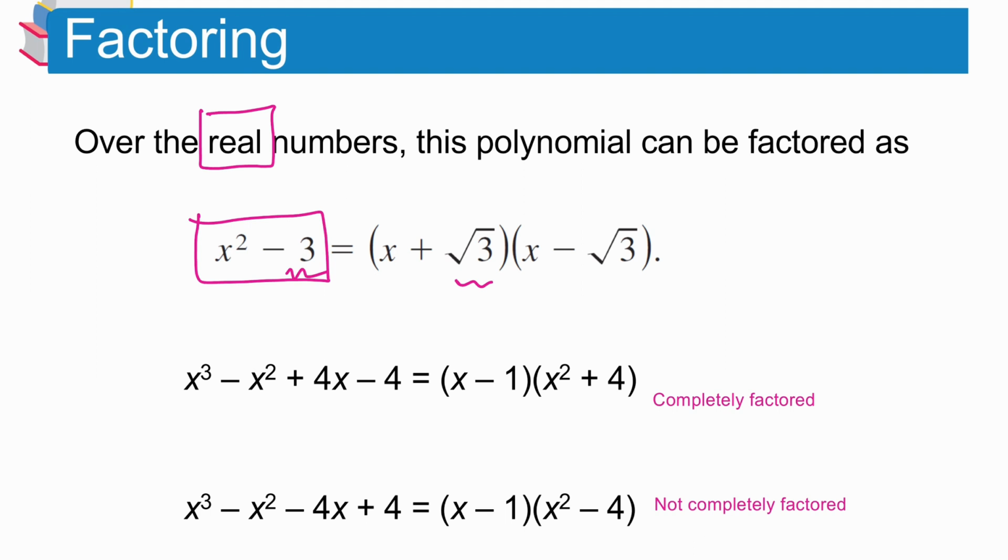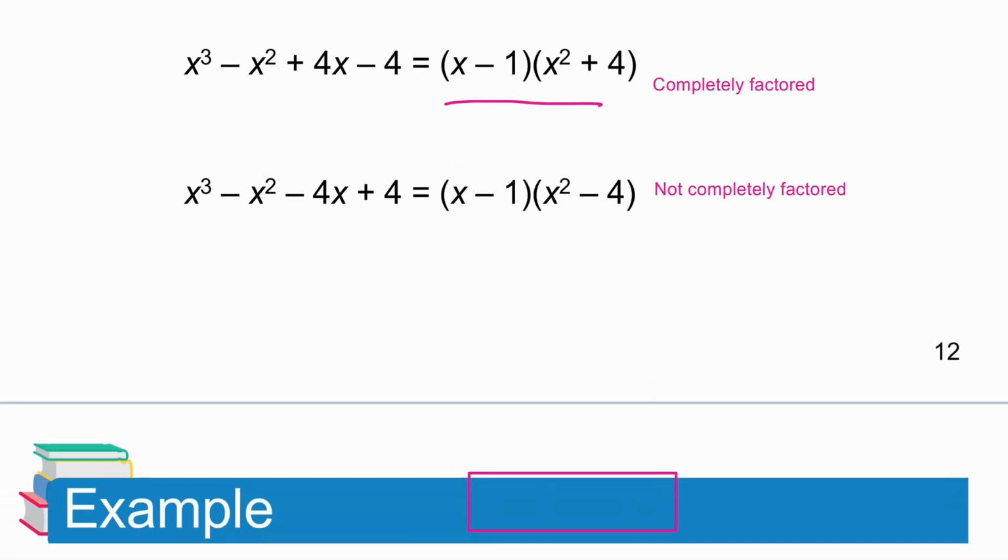And so I can do plus or minus the square root of 3, as you see here. This is really just like what we talked about before. This would not be completely factored, because we know that we can keep going with the x minus 4.